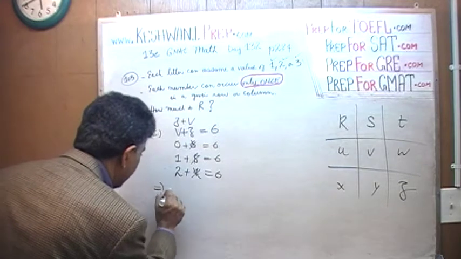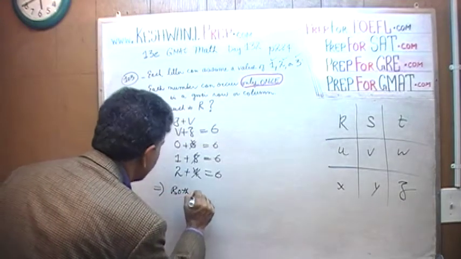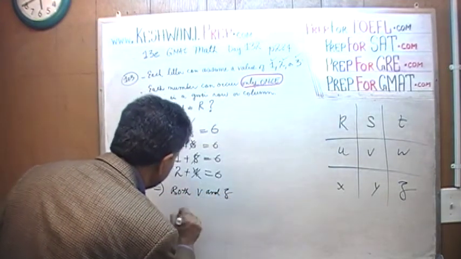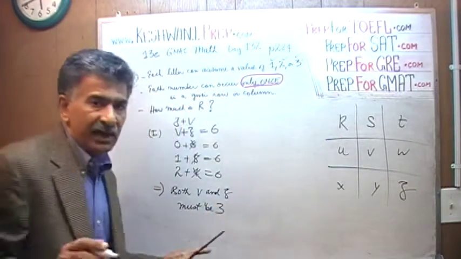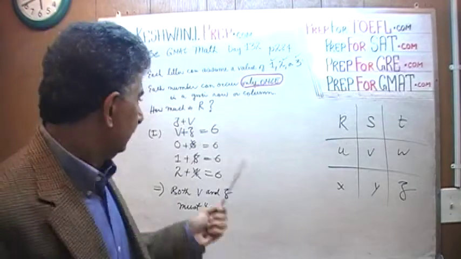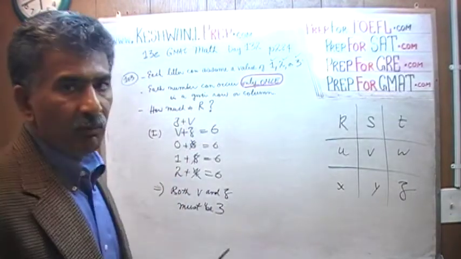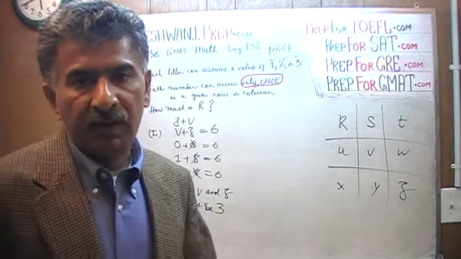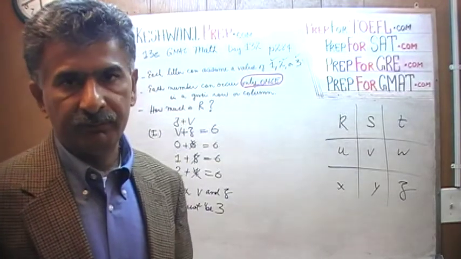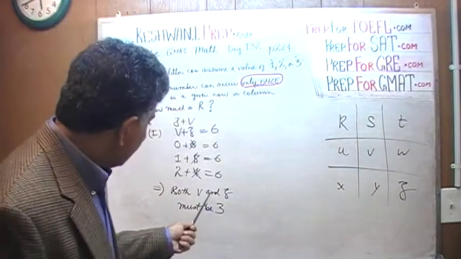This implies that both V and Z must be 3. That's the only option. They cannot be 1 or 2. Neither V nor Z can be 1 or 2 because the other one will end up being either 4 or 5. And we can't have 4 or 5. So we know that V and Z must be 3.